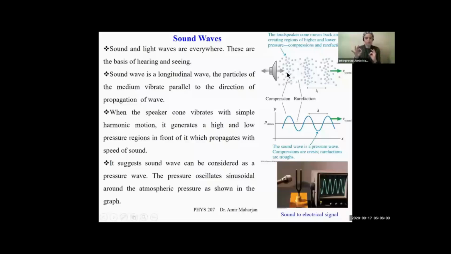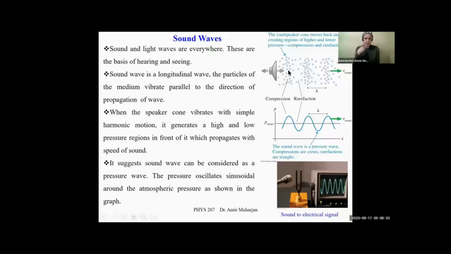It creates compressed and rarefied regions in front of you. This is the speaker cone vibrating, producing music or some sound. So it creates a high pressure and low pressure zone around it. That's why sound wave is also called a pressure wave, because it creates low pressure and high pressure regions.